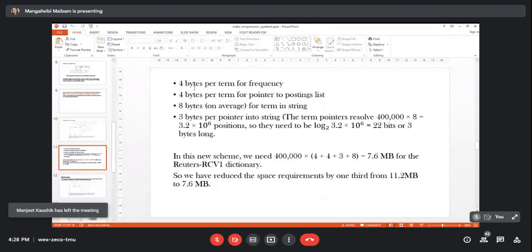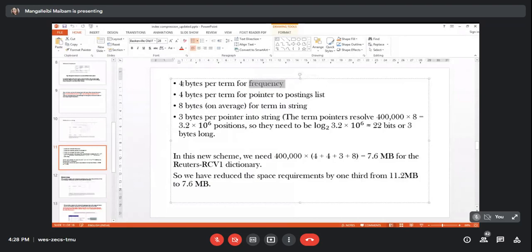So we can check here: 4 bytes per term for frequency. For pointer to posting list, we use again 4 bytes. And 8 bytes on average for term in string.